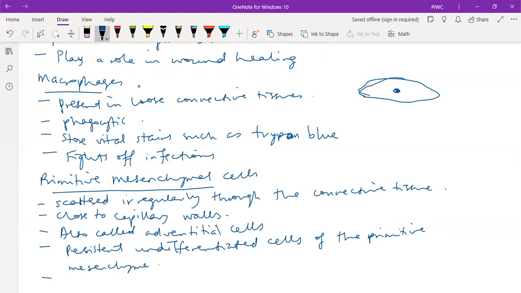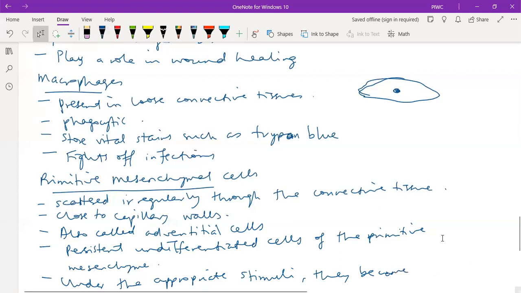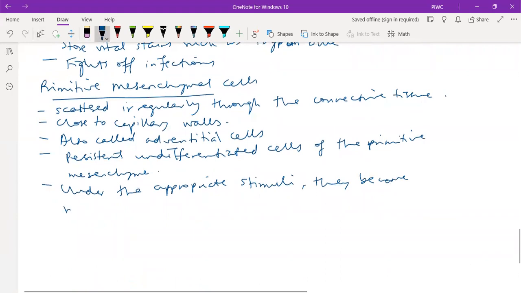So if there is an appropriate stimulus, they become macrophages or other cells. Okay, so that is the function of the primitive mesenchymal cells.